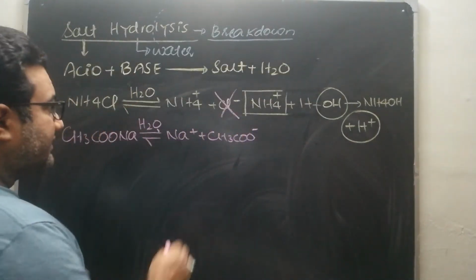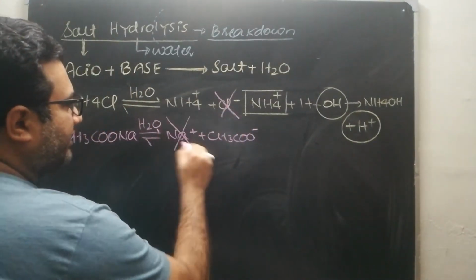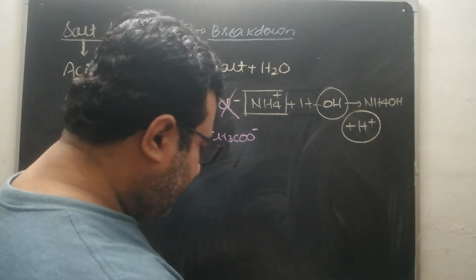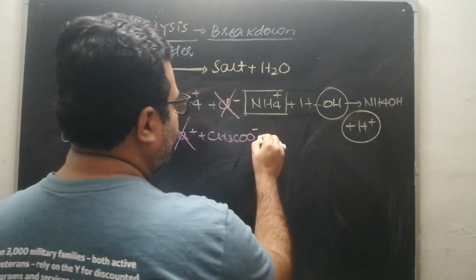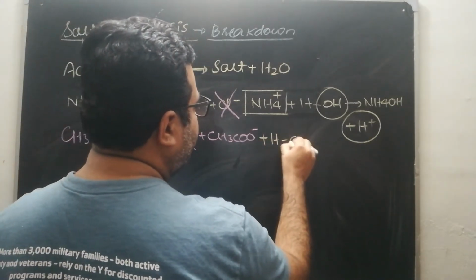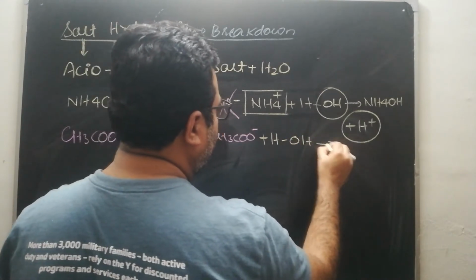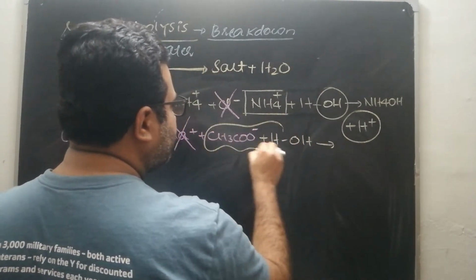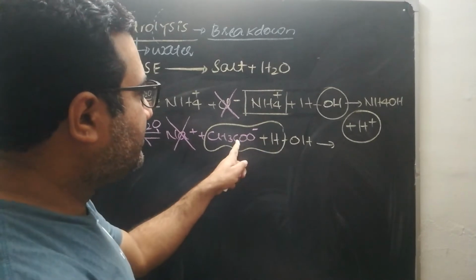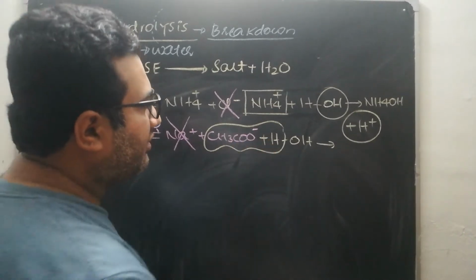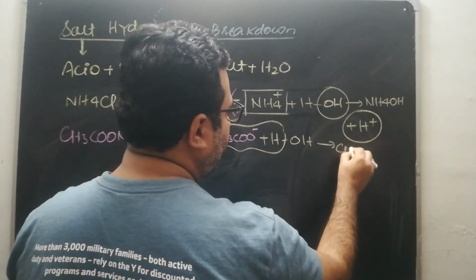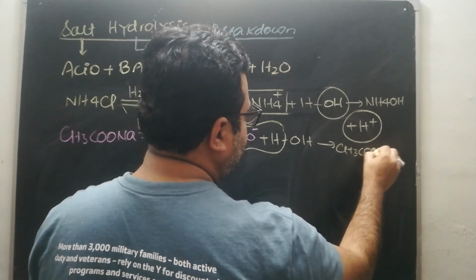So in this case, sodium ion will not take part in the hydrolysis reaction, but the acetate ion will. And when acetate ion reacts with water, because it is a base, being a strong conjugate base, it will accept a proton from water and form acetic acid.